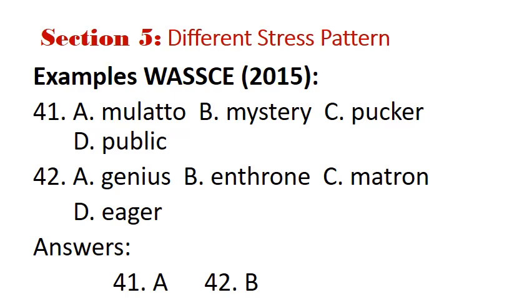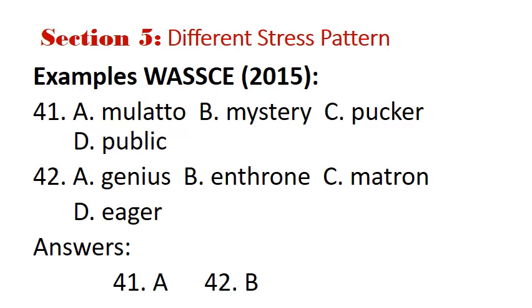Option C is pronounced pucker. Option D is pronounced public. So, going by that, we have mulatto having the stress on the second syllable, which is different from mystery on the first, pucker on the first, and public on the first. So our answer is option A.